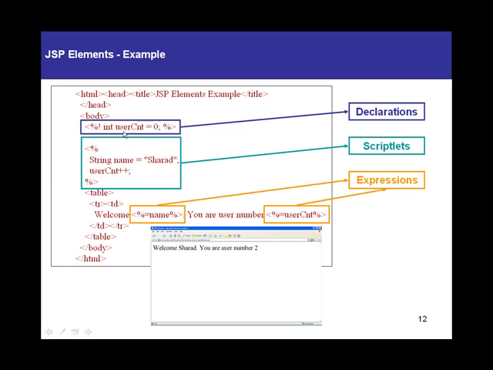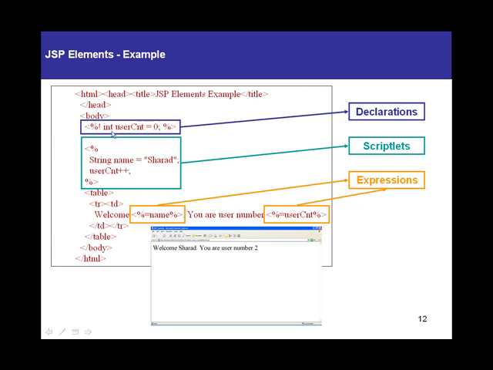We know that the user count is shared across multiple requests. If somebody else logs in, it has to remember the previous count and increase it. Using declarations you can share the variable across multiple requests, so I'm going to declare the user count variable in the JSP declarations.